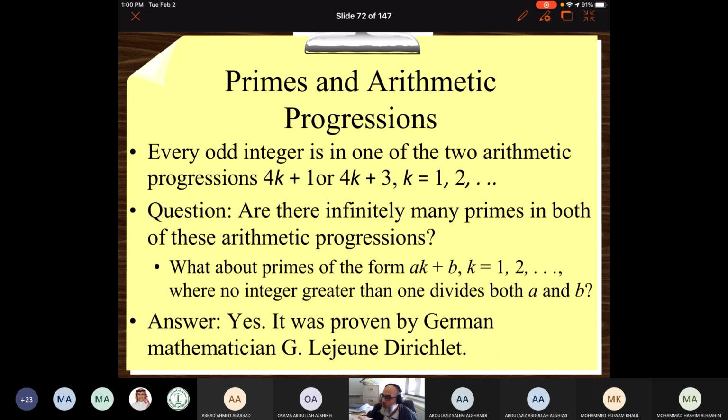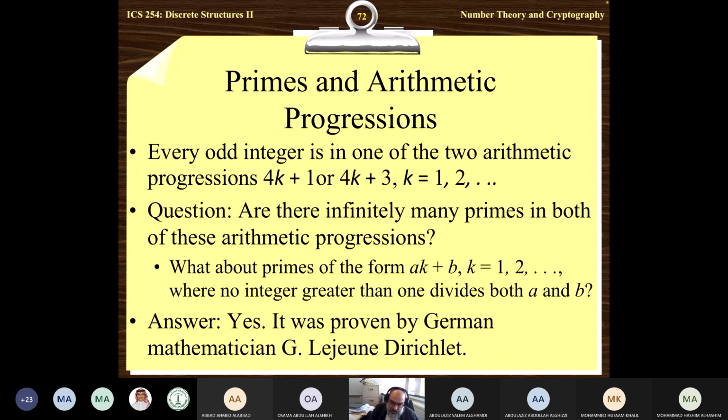Now, why do we ask this question? Because we know that prime numbers greater than 2 are all odd numbers. So are there infinitely many prime numbers here, and infinitely many prime numbers here?